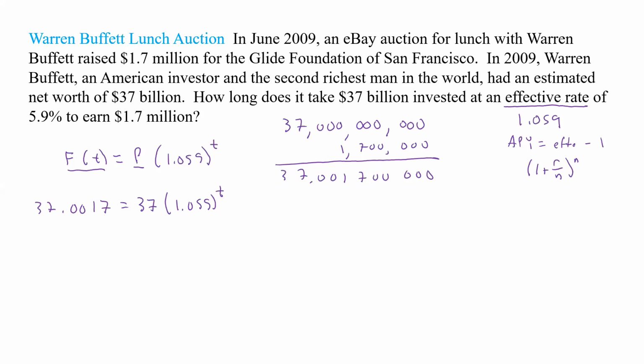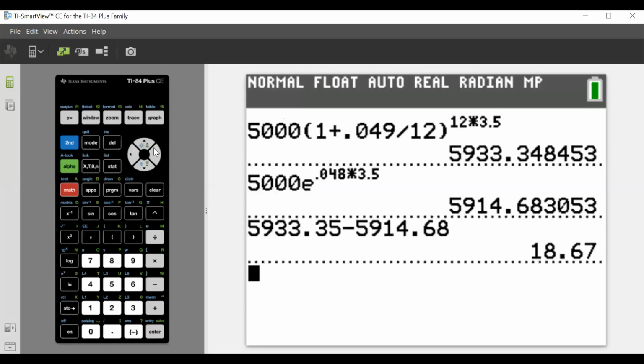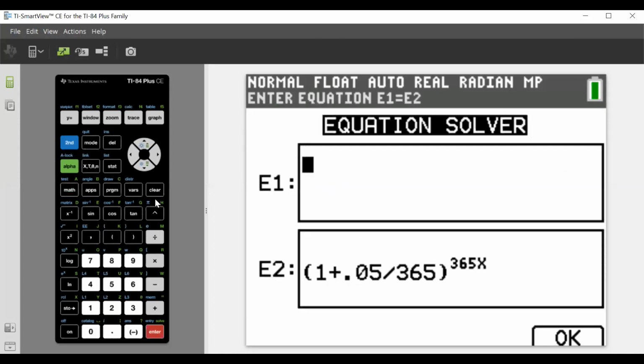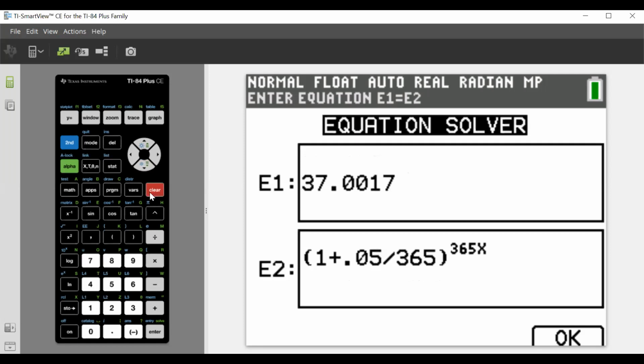So guess what? We are going to try our calculator again. And so we'll go to math. We'll arrow up because we know it's the bottom one. Now we can clear that, and we said it's 37.0017, and this was the 37 times 1.059, our effective rate, raised to the power x.